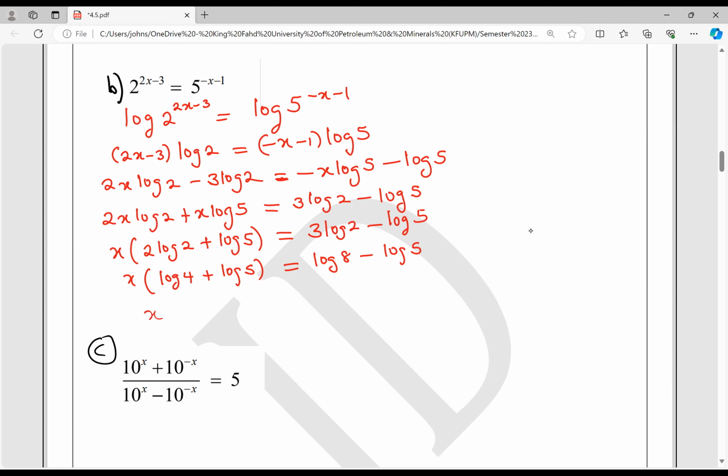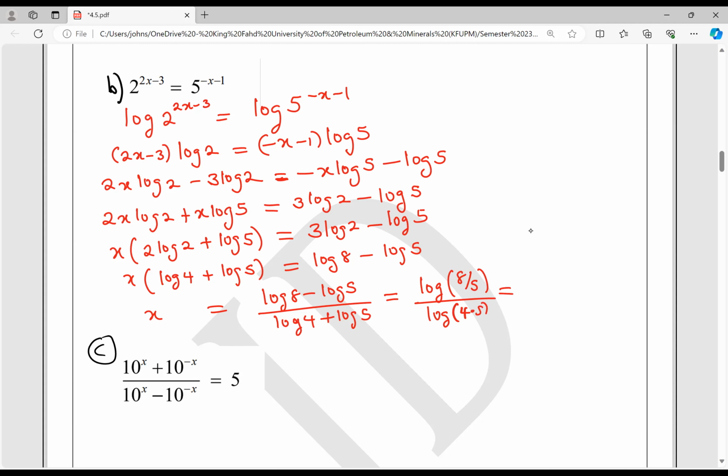So it means our x, you can divide both sides, is just going to be log of 8 minus log of 5 divided by log of 4 plus log of 5. And this we can write as log of 8 over 5 divided by log of 4 times 5.